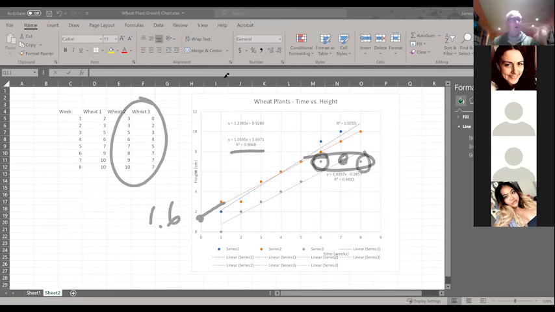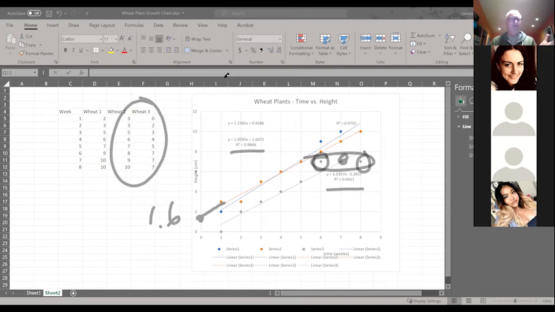But it's still better than 0.9, so it's probably a linear relationship between the two. There's always, like we've been talking about, going to be some error in any sort of experiment you do.